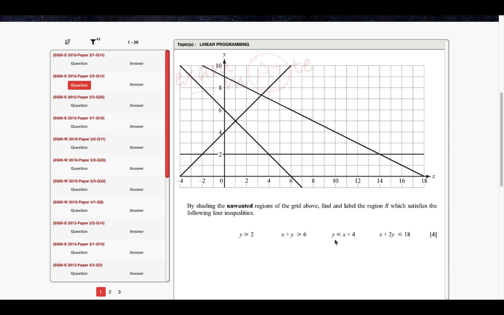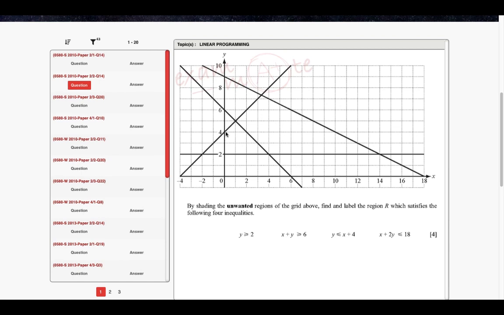We have y is lesser than or equal to x plus 4. Gradient is 1. See here, if you calculate the gradient of this line, you see it's equal to 1.